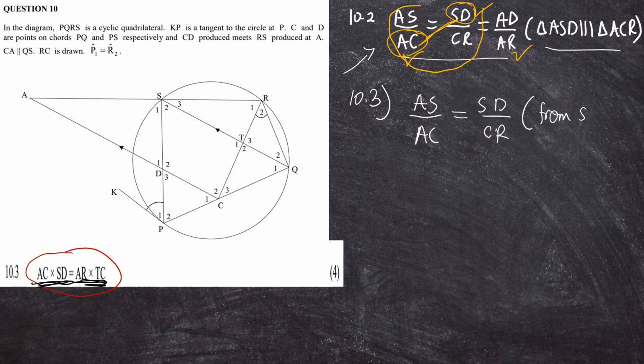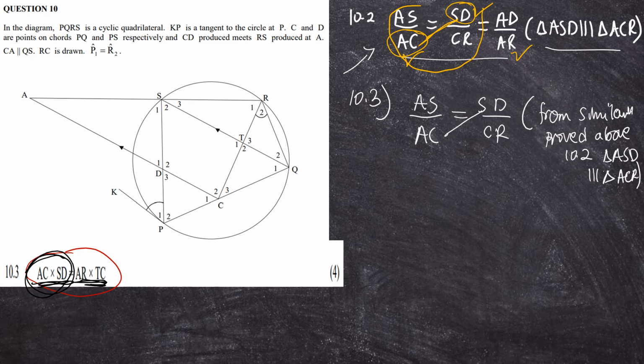From similarity, from that similarity of that triangle, or someone can just write because triangle we have proved above in 10.2 that triangle ASD is similar to triangle ACR. Okay, so we have already proven that, because we can see that when we cross multiply this, it will give us the first part there of what we have to prove, right?